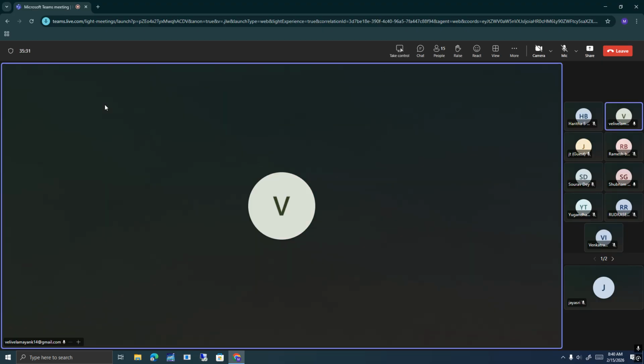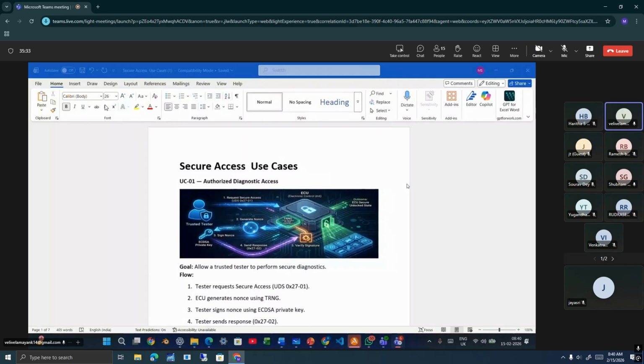Now you will see, now I am sharing my screen. My first use case itself is authorized diagnostic access. That means you are allowing authorized people or unauthorized people? Only authorized. That is the first use case.